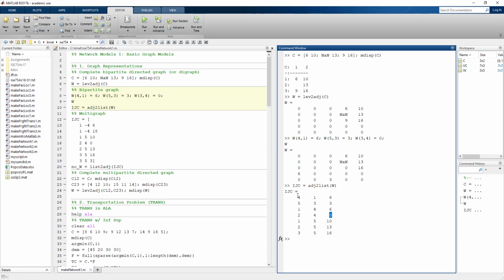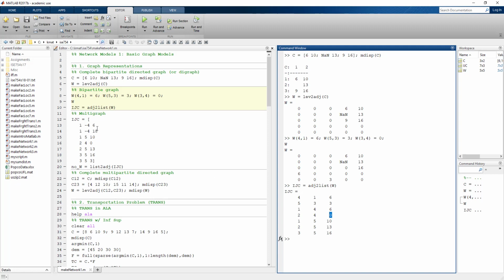So in this case we would have 4, minus 1, 6, and then that would eliminate the need for this to be repeated twice. Or we could have 1, minus 4, 6, and then the 4, 1, 6 would not be repeated. So that minus in the j column, which is the second column of the arc list, is used to represent that.